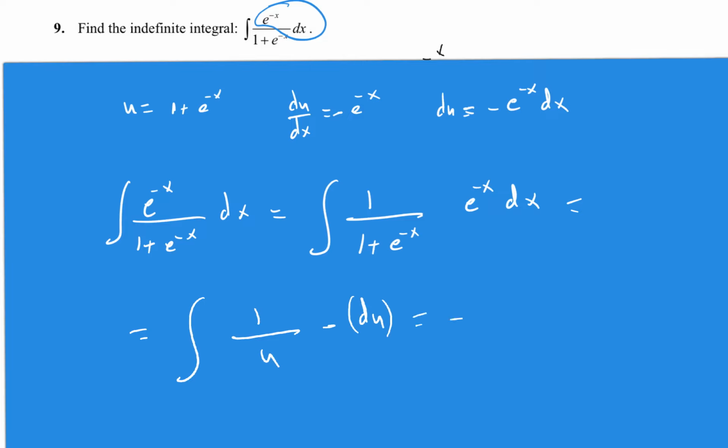So it would be minus the integral of 1 divided by u du. Do I know how to do this integral? The integral is log of u.